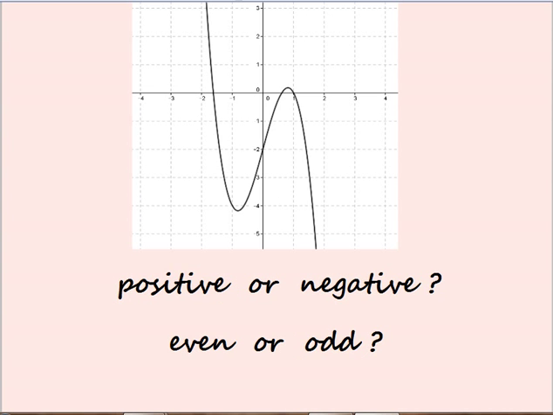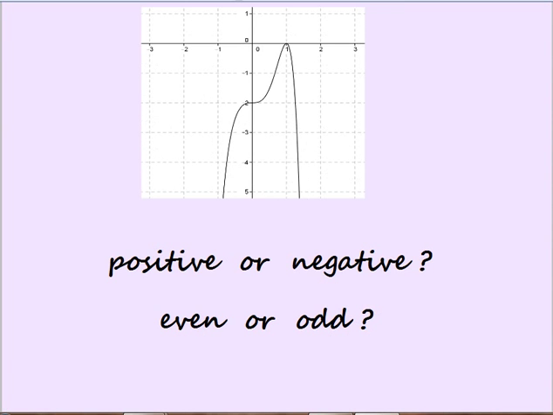How about this one? Negative coefficient, odd degree. And finally, does it have a positive or negative leading coefficient? Is this an even or odd degree? This one was one with a negative leading coefficient and an even degree.